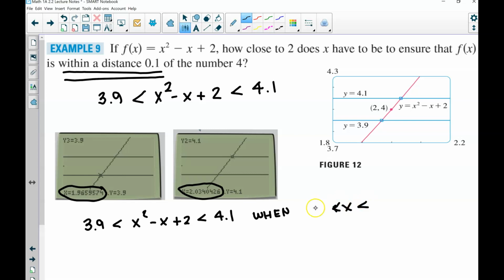One of them is 1.97 on the left, and the other one is 2.03. And so therefore, this function is within a distance of 0.1 of 4 when x is within a distance of 0.03 of 2.